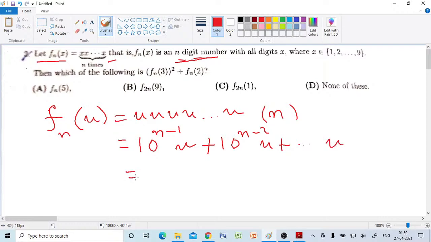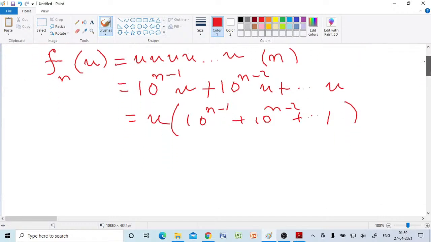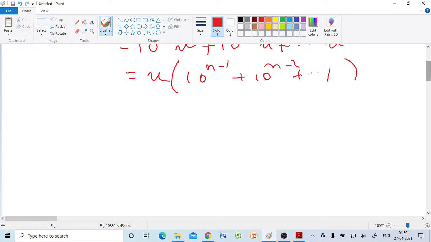So we can basically take x common out from here, and we will have 10 to the power of n minus 1 plus 10 to the power of n minus 2, this thing will continue till 1. This is a geometric sequence, and we know the sum of a geometric sequence. So there are basically n terms, starting from 1 to 10 to the power of n minus 1.